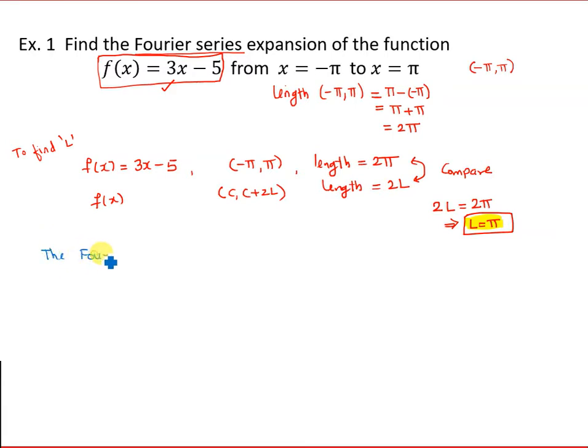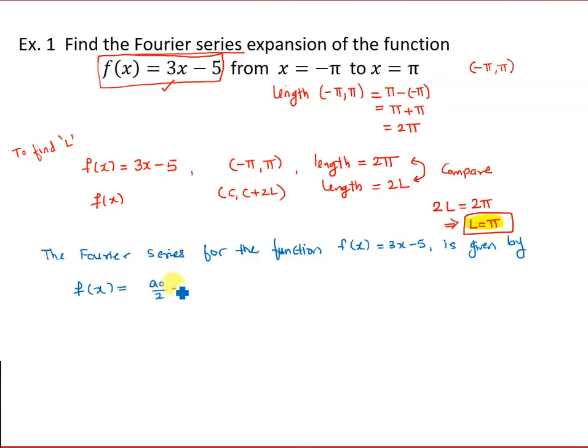The Fourier series for the function f of x equal to 3x minus pi is given by, we write down the formula here: f of x equals a0 over 2 plus summation n from 1 to infinity of an cos of n pi x over L plus bn sine of n pi x over L. Okay, now we have the value of L from here.